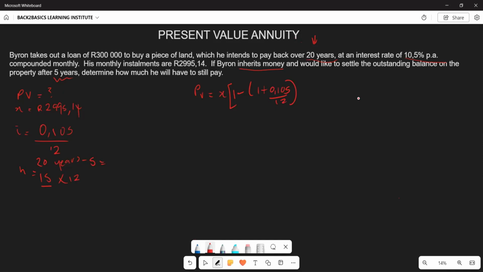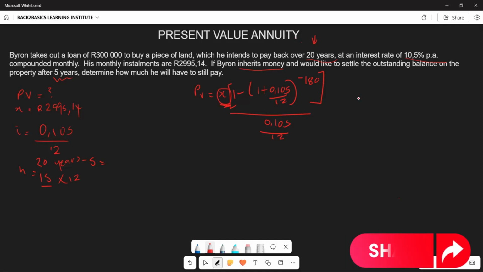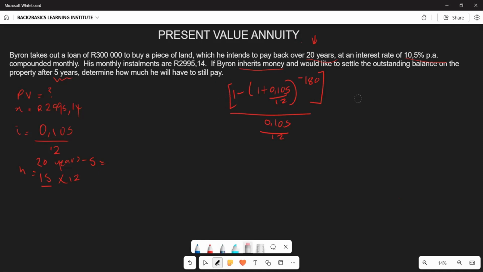We said we are using 15 years, so 15 multiplied by 12, which is 180 months. What we didn't write here is the monthly installment, because these are the monthly installments that are going to be paid. Let's write it here so that all of us can follow.